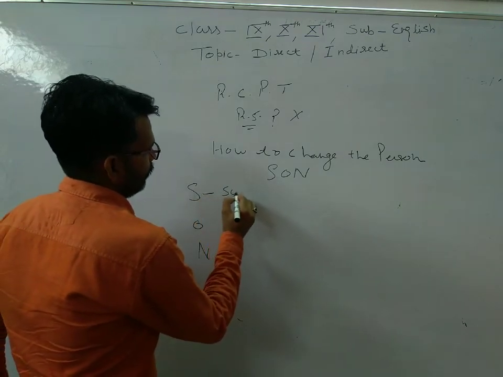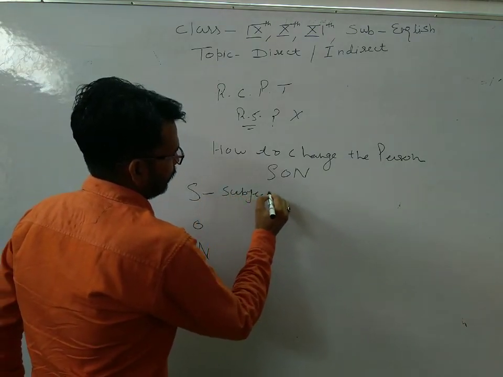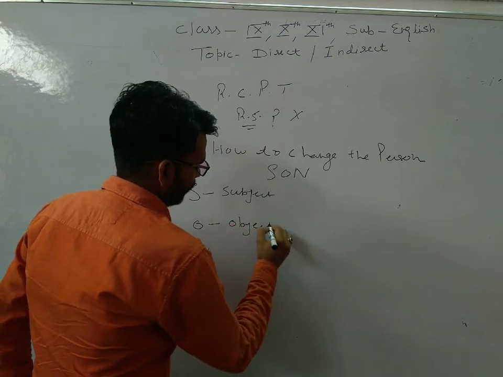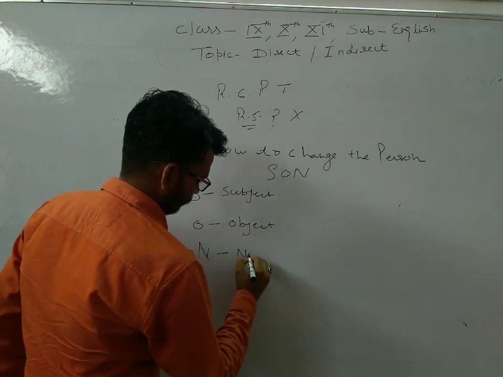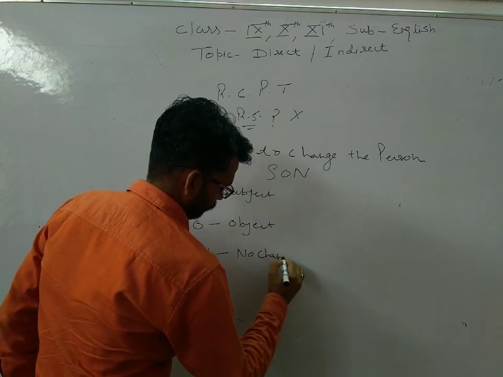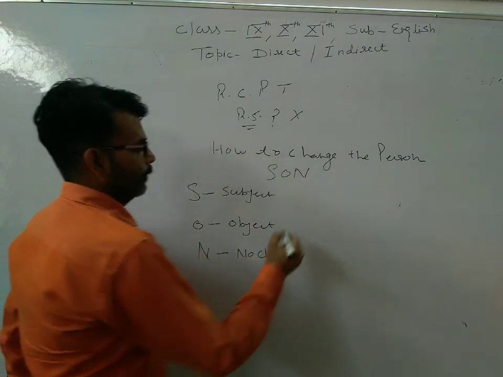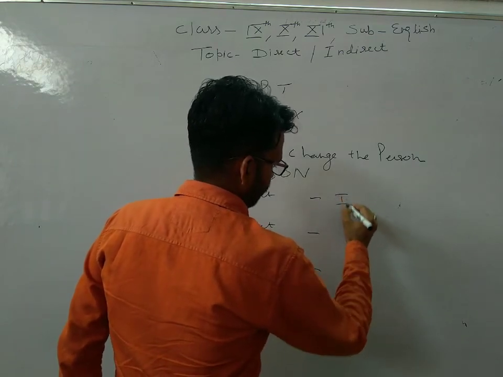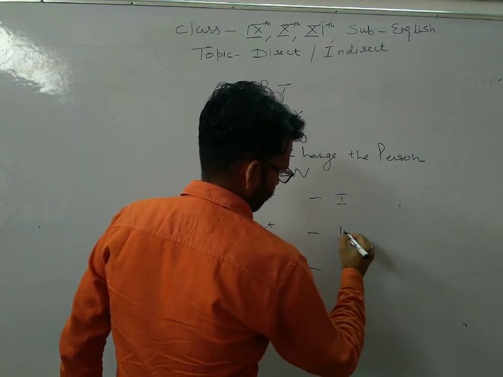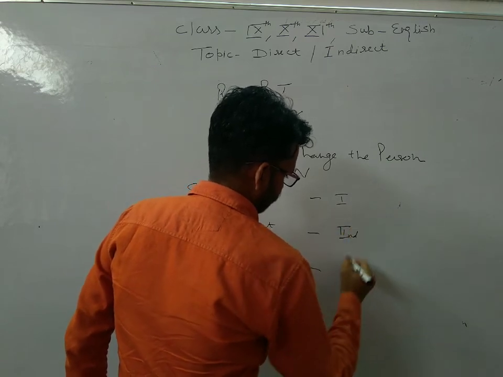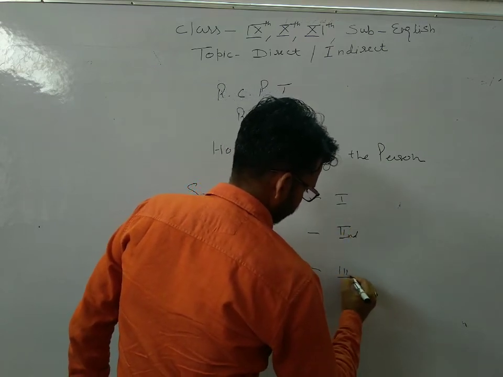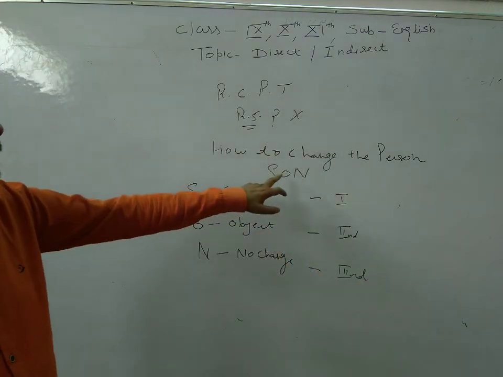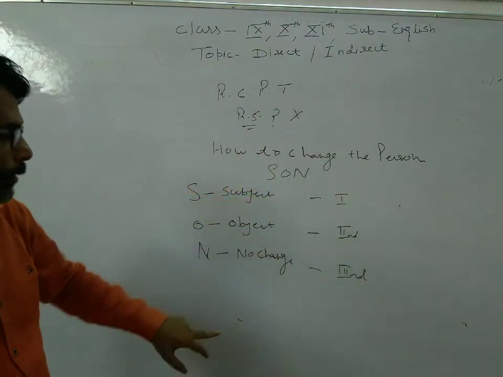S means subject, O means object, N means no change. Then we will also write down our persons here in the same order: first person, second person, and third person.